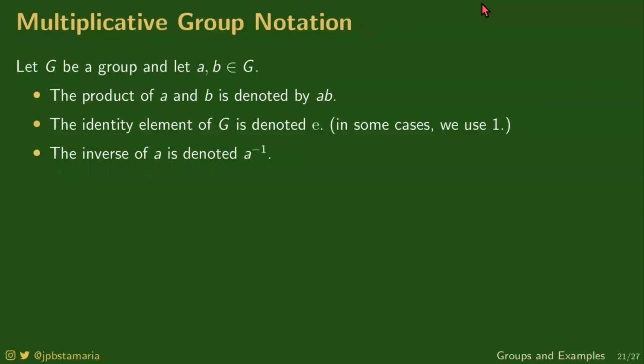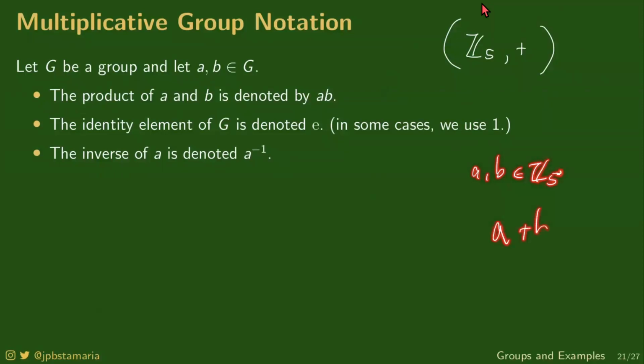Pero take note, itong mga notations na ito ay very limited only for groups which are multiplicative in nature. Halimbawa kapag ang group natin ay Z sub 5 under addition, weird gamitin ang multiplicative notation dito kasi ito ay additive. Pag si A and B nasa Z sub 5, hindi natin isusulat yung sum na AB.